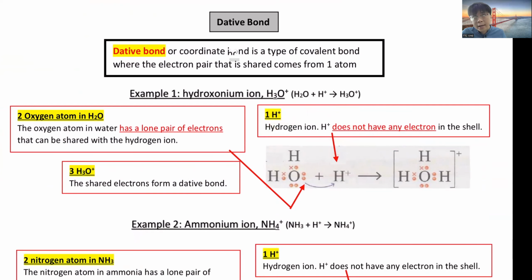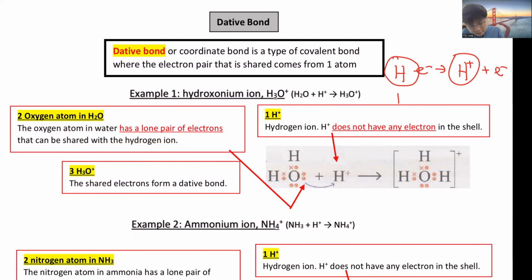H has one electron, but if it donates it to become H plus, the electron is donated out, so it will be an empty shell. So no electron inside the H plus, so it cannot achieve a stable octet or duplet electron arrangement. So in this case, you need someone to help.